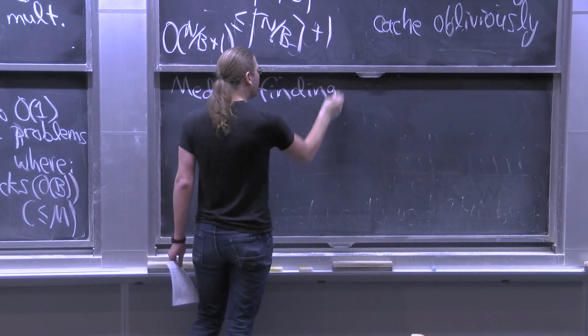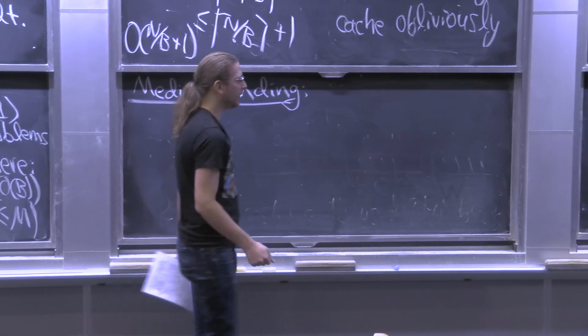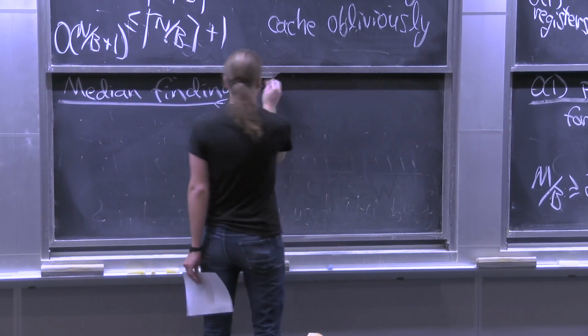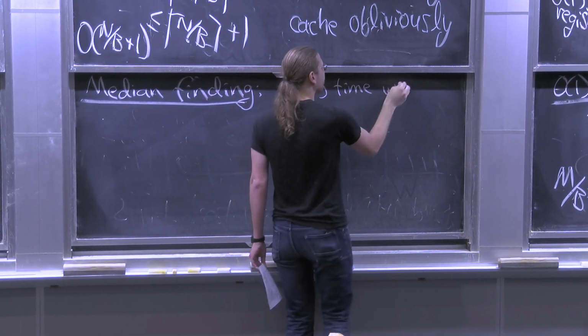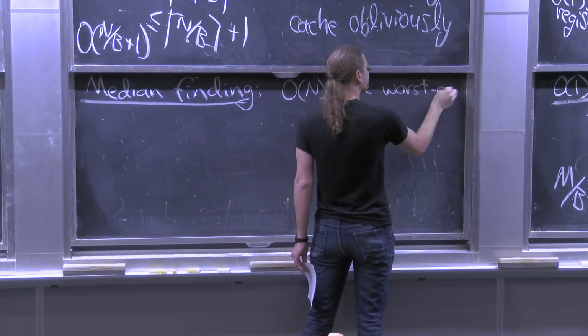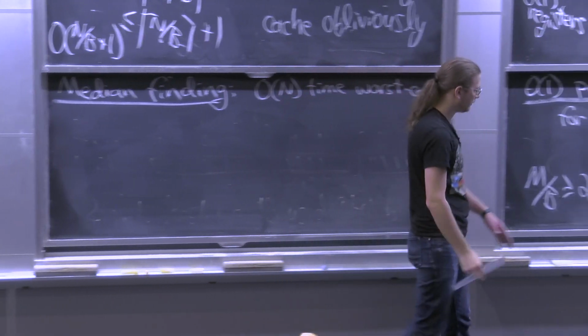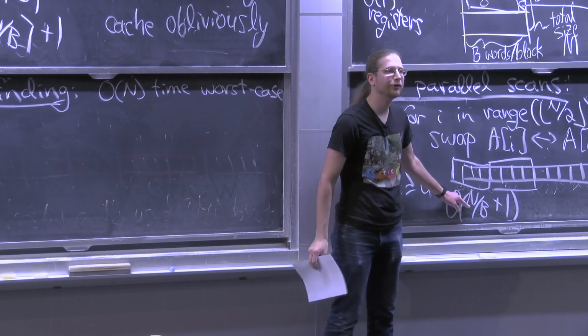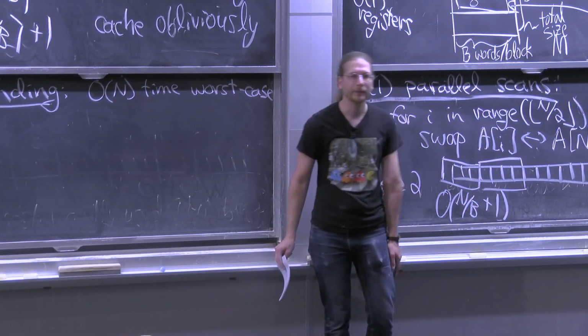Median finding, you're given an unsorted array. You want to find the median. And in lecture 2, we had a linear time worst case algorithm for this. And so my goal today is to make it this running time. This is what you might call linear time in the Cache-Oblivious model, because that's how long it takes just to read the data.